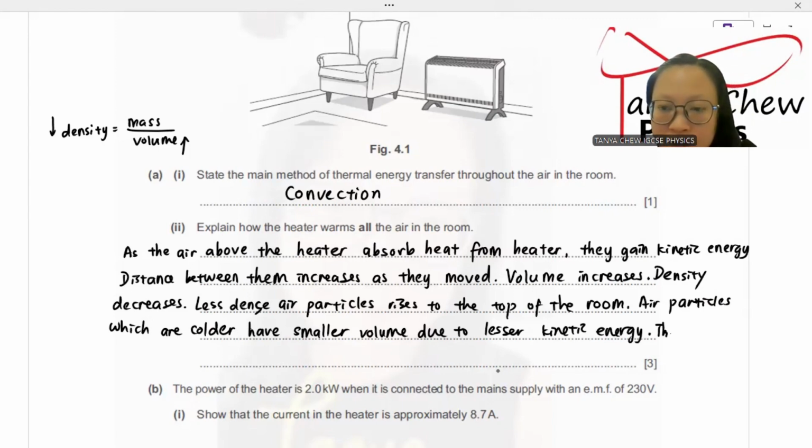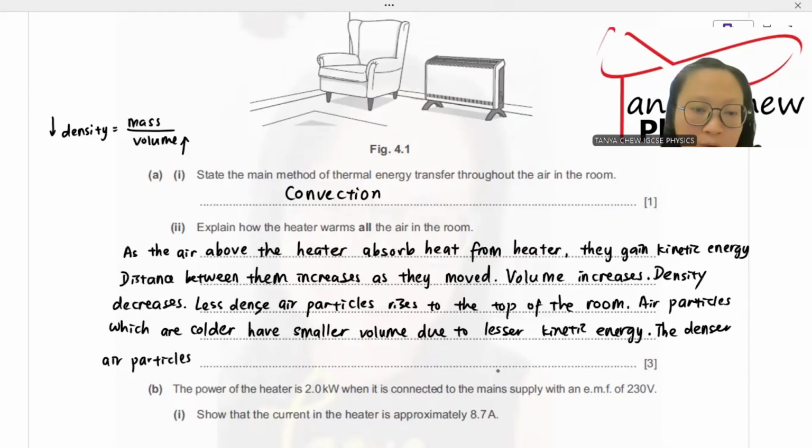The denser air particles, because smaller volume is denser, move downwards towards the heater.